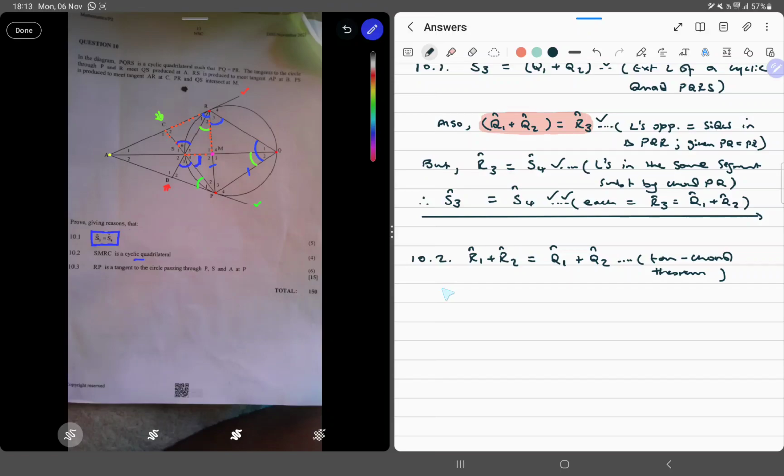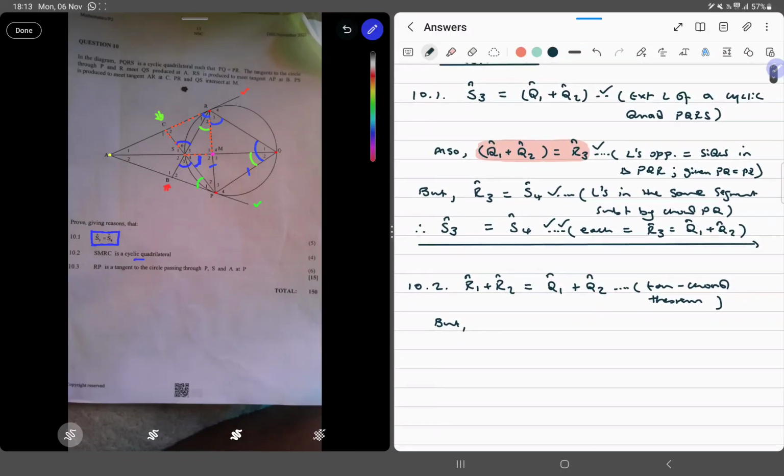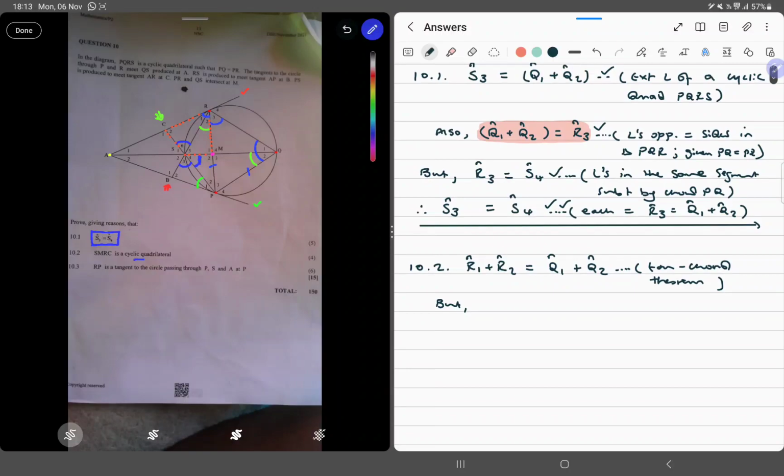Okay, so I'll say, but I know that angle essentially Q1 plus Q2, okay, that is a unit and that is a unit, is equal to angle S3.